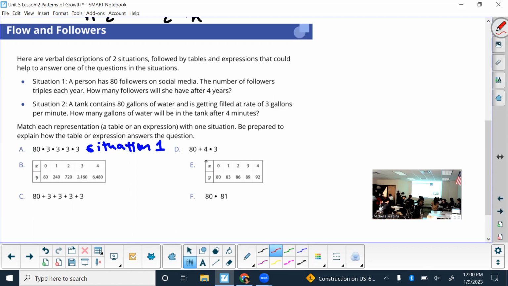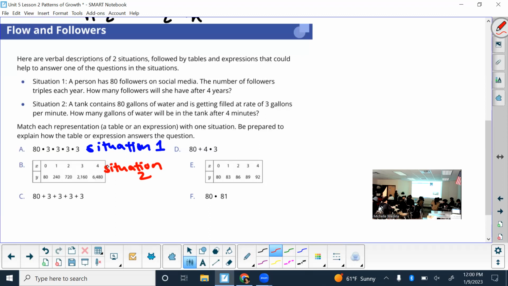All right, then table 3, option B. Does that one best go in situation 1 or 2? 2. And why? Let me guess. I don't even know if it's right or not, because it's my first time doing it. Okay, who can give me a reason why, Bailey?